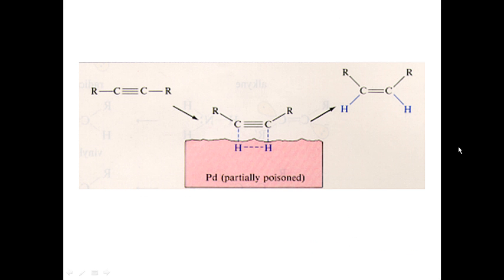And again, here's just kind of that mechanism. You have the hydrogen gas that is adsorbed onto the surface of the palladium. In the Lindlar catalyst case, it's partially poisoned, so that the stereochemistry of this is to add the H's cis to the alkyne.